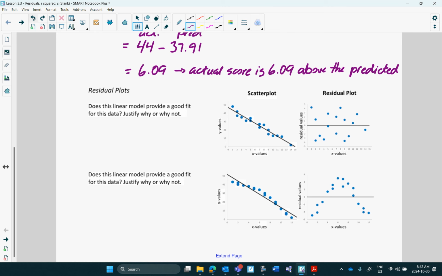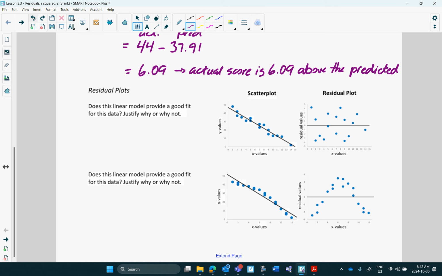If we look at the dots themselves, ignoring the line for the time being, it does look like it forms a linear pattern, and we're able to place a pretty good least squares regression line on there. If you took all the X values and found the residuals of each, it would look like this. Notice that the residuals are scattered all over the place. Some are high, some are low, depending on the X values.